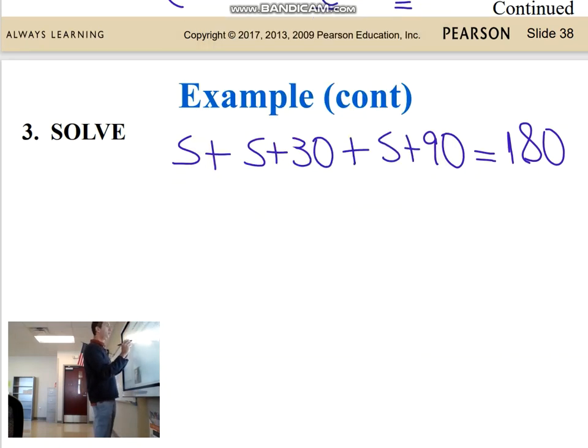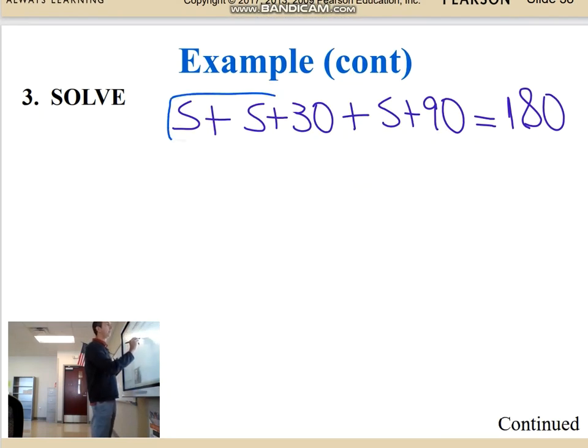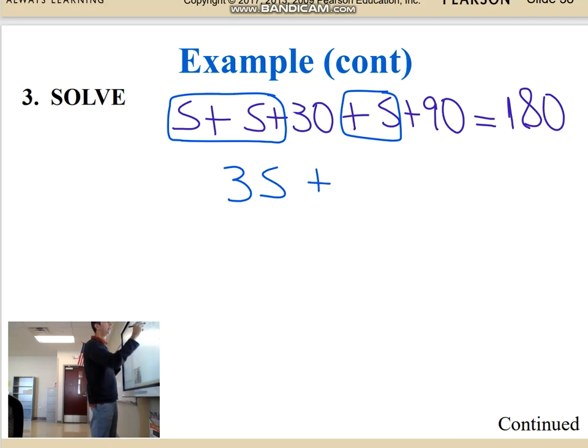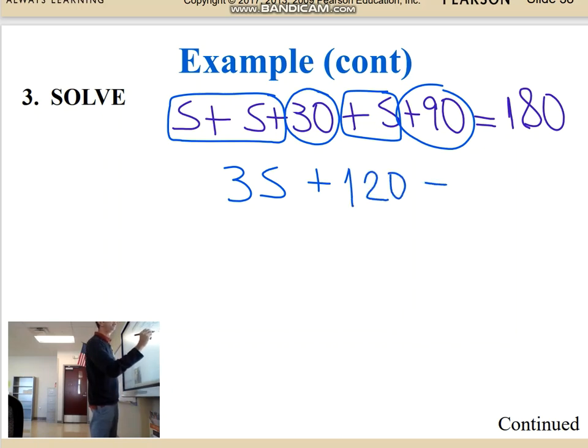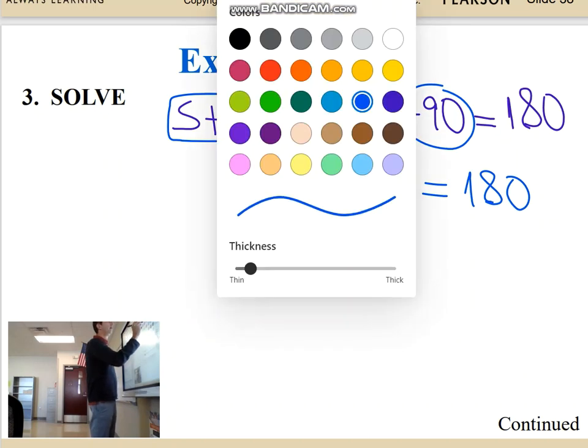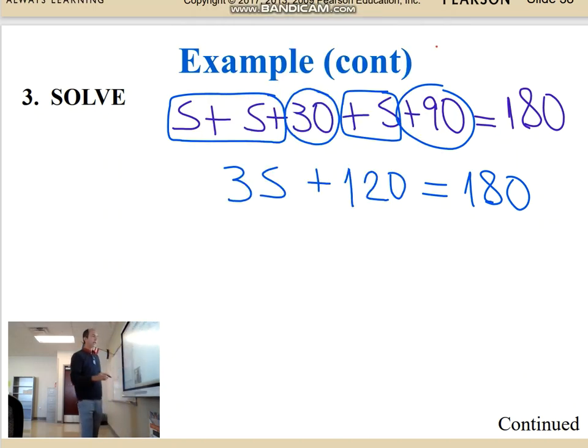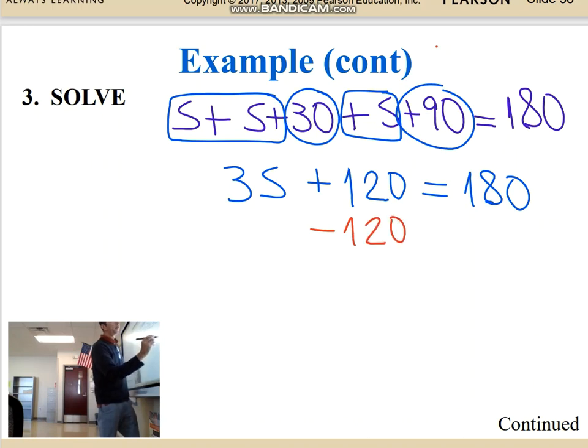Next step is to combine like terms. S plus S plus S is 3S, plus we can combine 30 and 90, which is 120, equals 180. Finally, we can apply the addition property of equality, subtracting 120 from both sides.